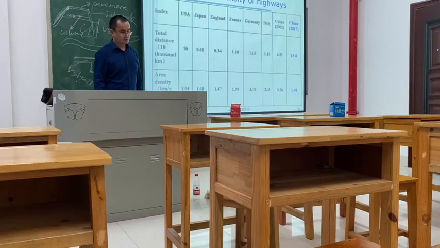The total distance is advanced and fast, but the area density is not the fastest. Germany is the fastest. Germany is smaller than China.